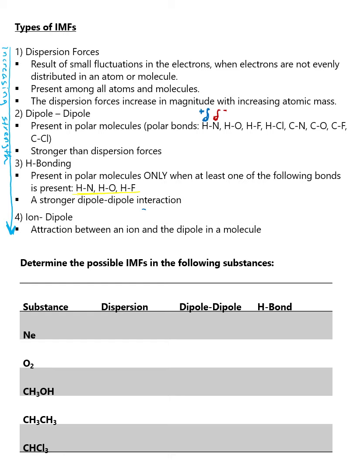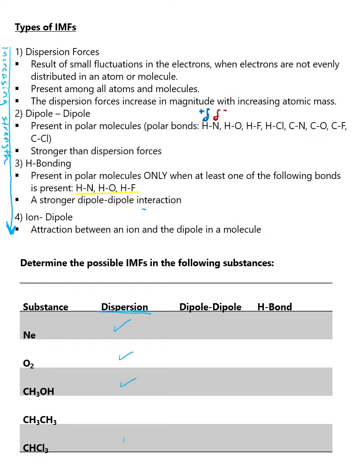So the first thing is that dispersion or London forces are present in every single compound, which means that for dispersion here in this table, you have neon, oxygen, methanol, ethane, and then the last one here. This is dispersion, which is the weakest out of the four.